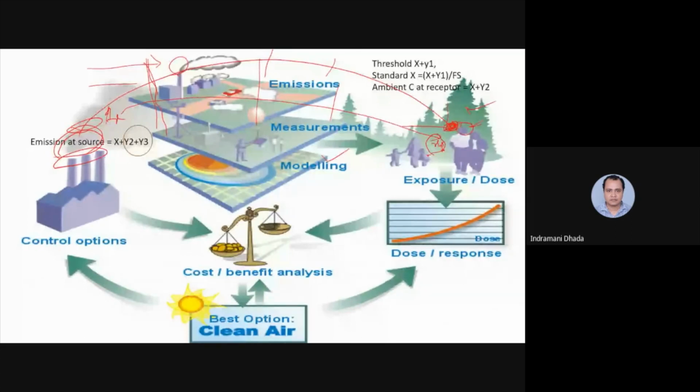This is the receptor remediation, this is the medium remediation, and this is the source remediation. At the source, we are changing the process, like what processes are inside the plant. If we change the process, then the pollutant may change, or we can put some control device so that it will control the pollutants.